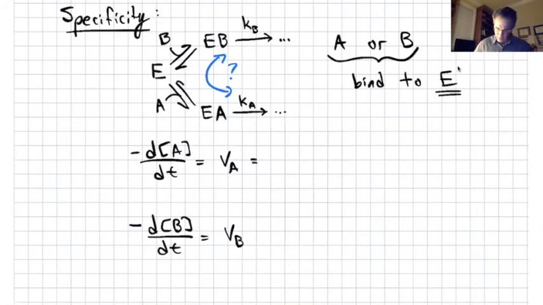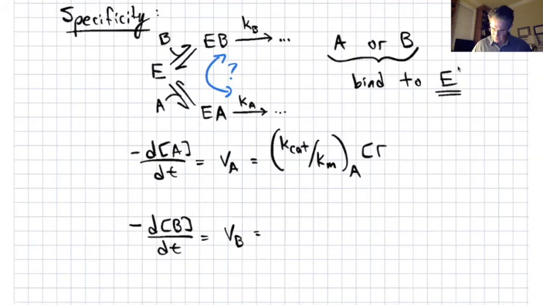And based upon our little discussion, we can relate that to kcat over Km for substrate A times the free enzyme times whatever concentration of A we have in this particular competition experiment.